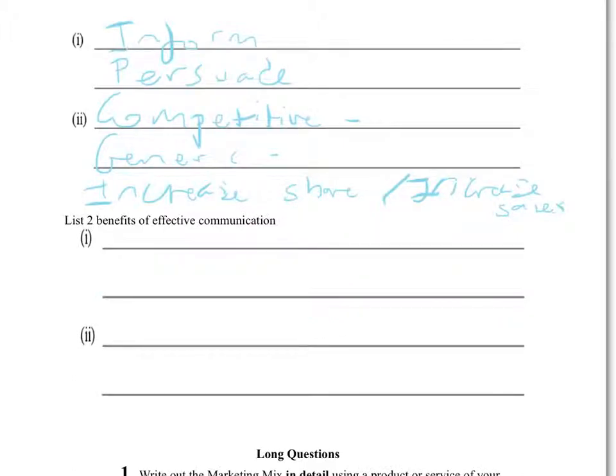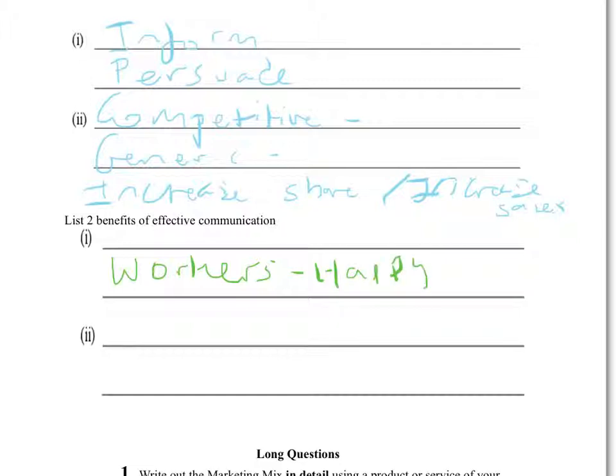Okay, and the next question asks us to list 2 benefits of effective communication. So we know from our notes in class that there are 5 or 6 that we've discussed. You could say something like, well, number 1, the workers, well, they'll be happy.